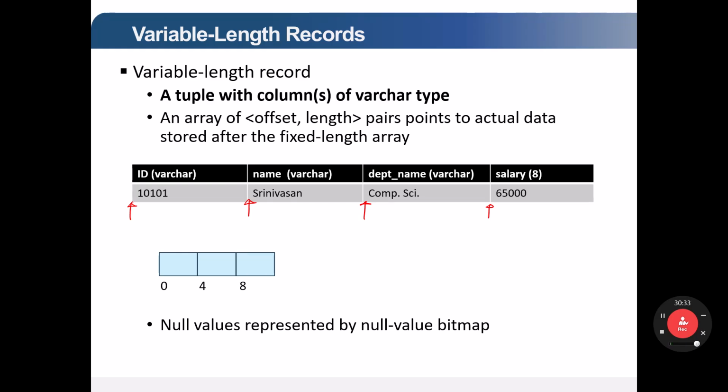So for these 3 variable length attributes, we reserve 4 bytes each. Each 4 bytes will keep track of the starting position of these records and also the length of the record. So if the first attribute uses how many? 5 bytes.